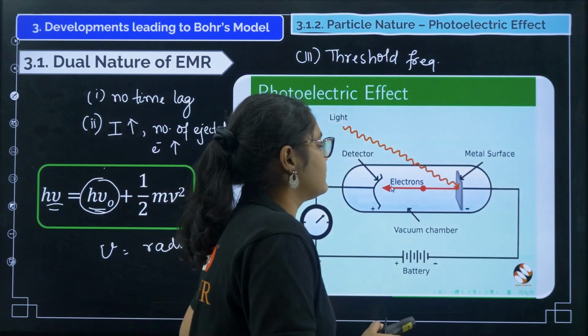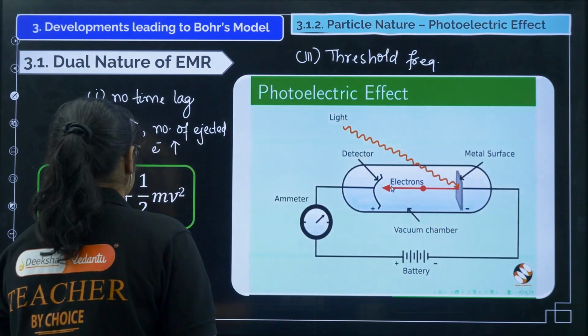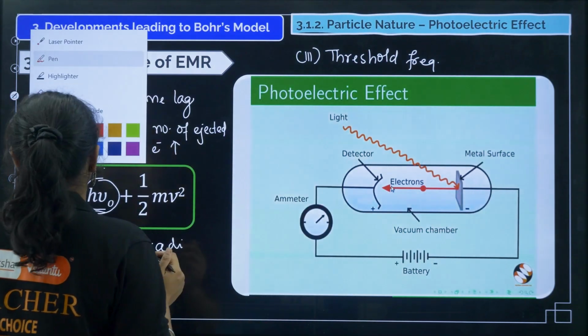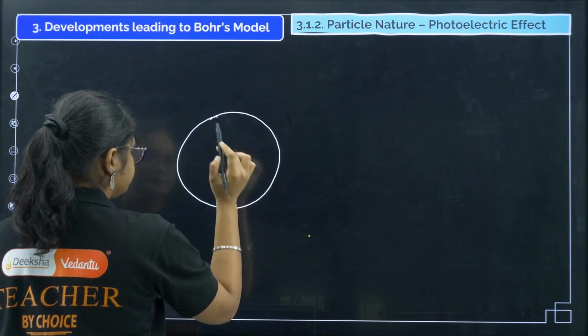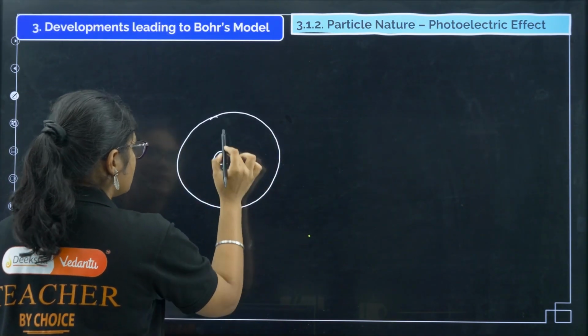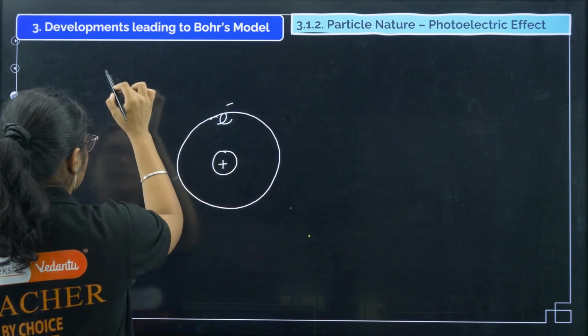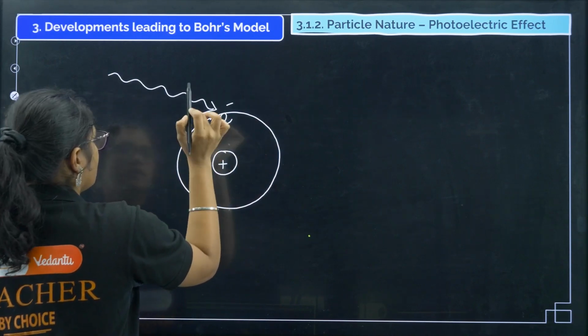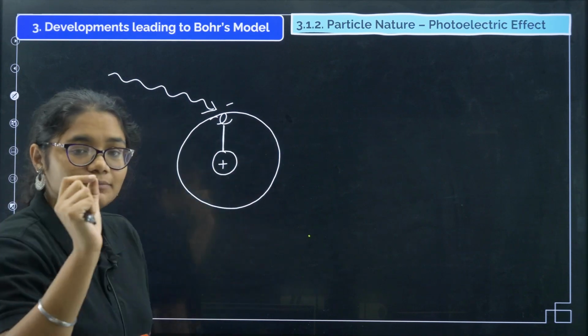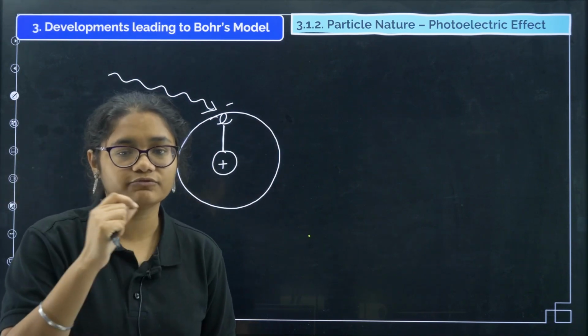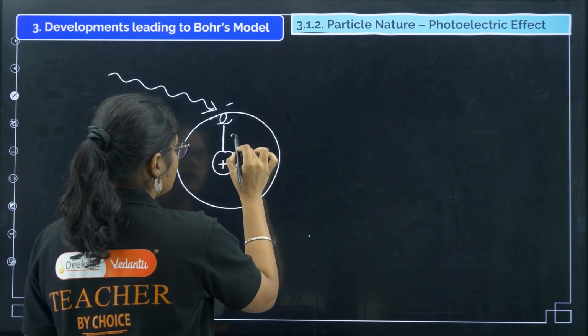Now let us take a very simple example. Suppose you have a nucleus here, the electron is here, and you are ejecting a radiation. The threshold energy, the minimum energy required to remove the electron, let that be 2.